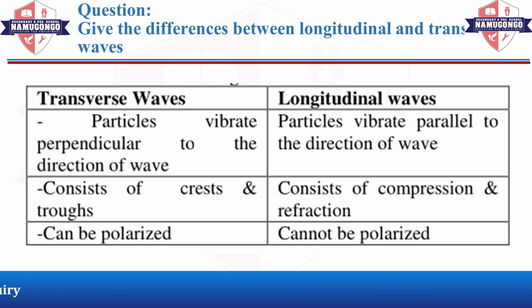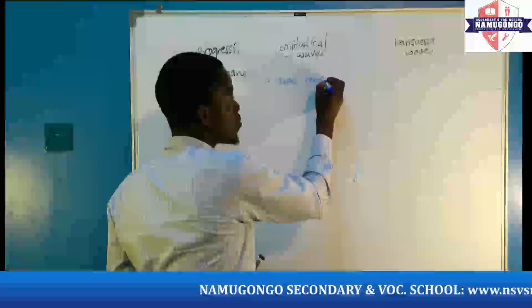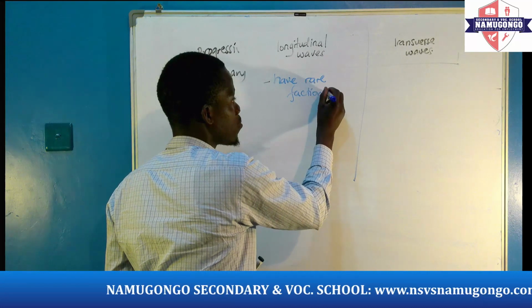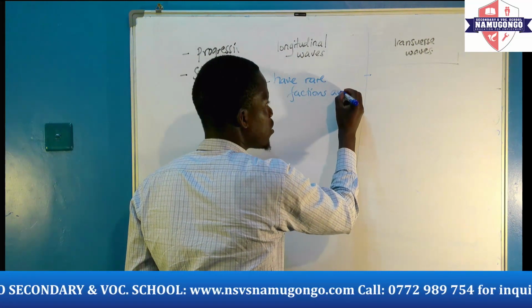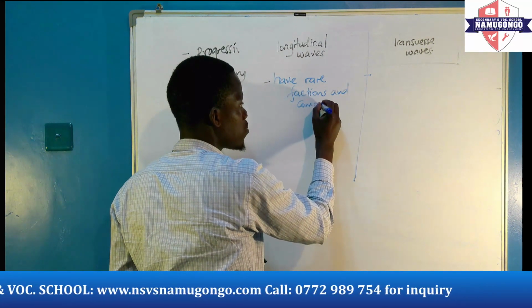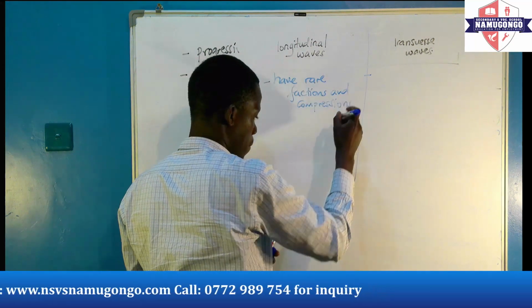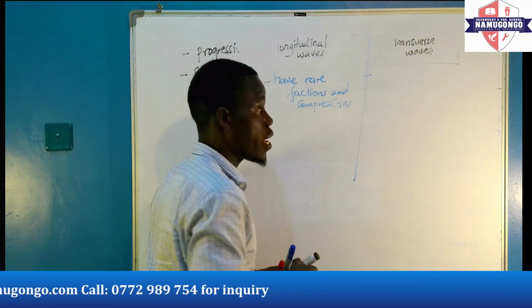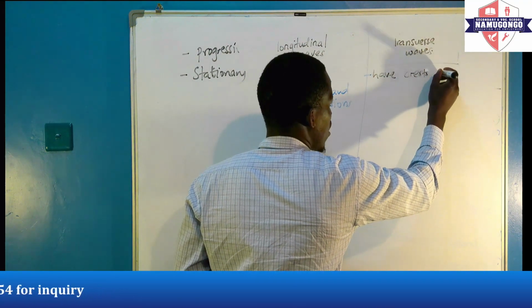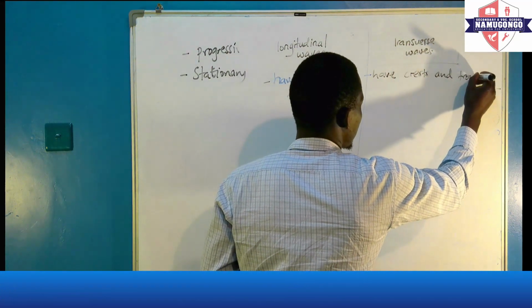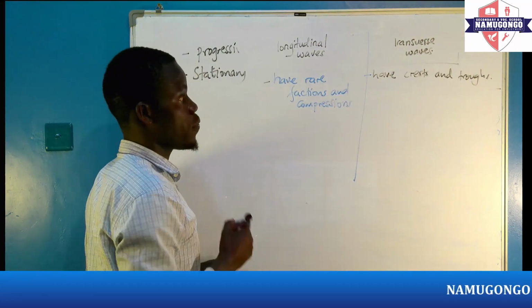You can write it: longitudinal waves have rarefactions and compressions, whereas this side we shall say transverse waves have crests and troughs.